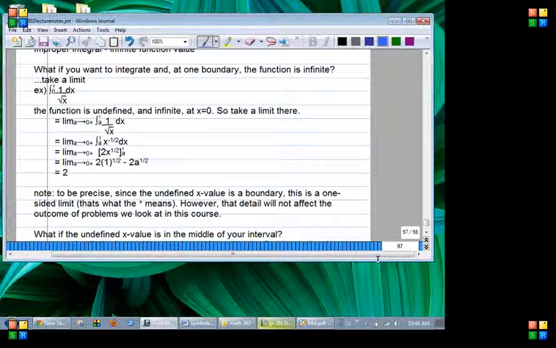So next, you might be wondering, what happens if the undefined x value is in the middle of your interval? Split your integral into 2 separate integrals.